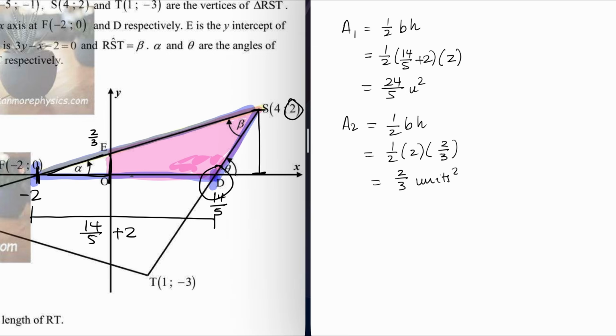So the area for SEOD is going to be 24/5 minus 2/3, and we get 4,13 units squared.